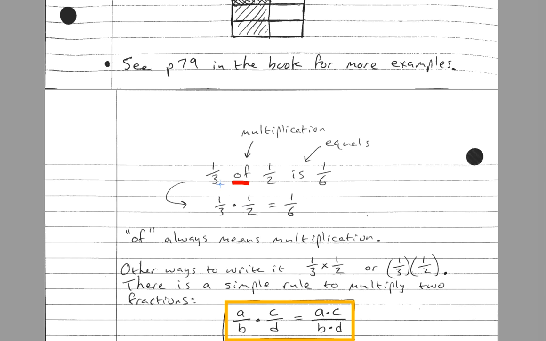So this 1/3 of 1/2 is 1/6. We can write the equation 1/3 times 1/2 is equal to 1/6. Any time you see the word of, it always means multiplication.